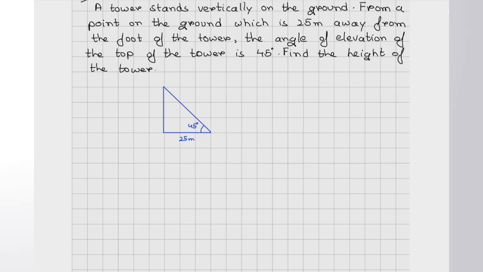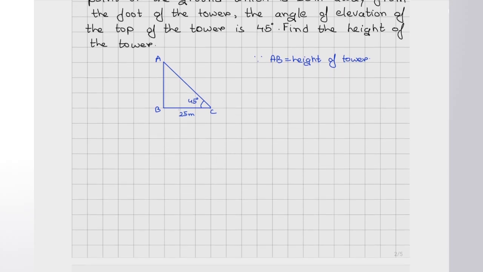Let's name the triangle ABC. AB is the height of the tower.